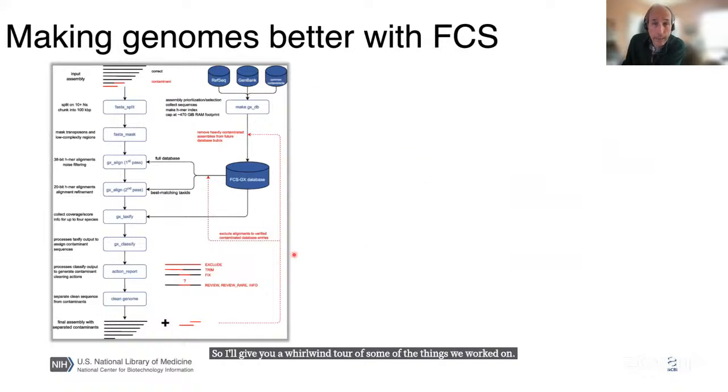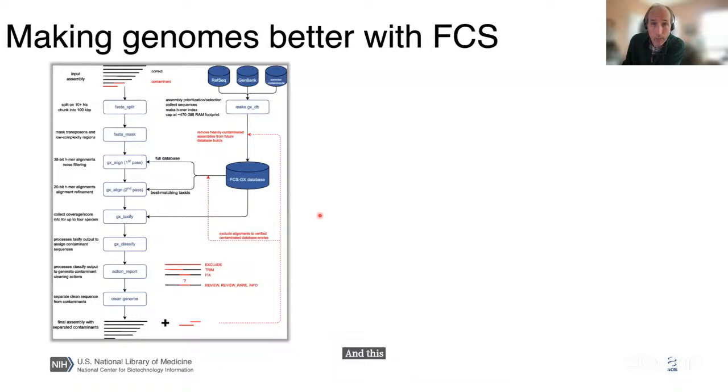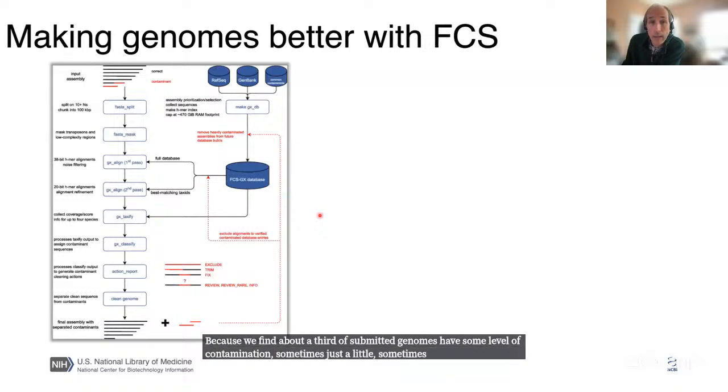One of the first things we did was work on better contamination screening to try and improve data quality. This is something we've always been very conscious of, because we find about a third of submitted genomes have some level of contamination, sometimes just a little, sometimes quite a lot.